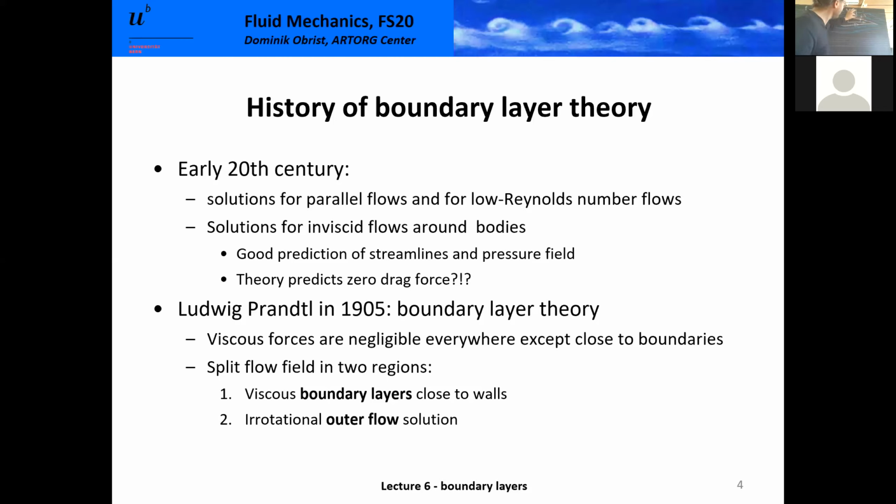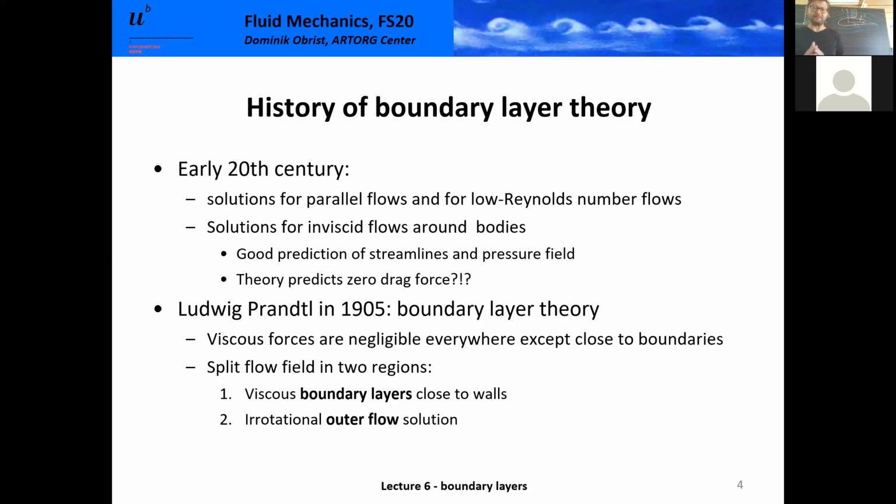So really this thin layer just above the surface of an airfoil or thicker on the surface of, let's say, the ground. And it was Ludwig Prandtl, he was a scientist in Göttingen, the University of Göttingen, at the beginning of the century, who developed the boundary layer theory, which became hugely influential, not only in fluid mechanics, also in, let's say, in applied mathematics in general.